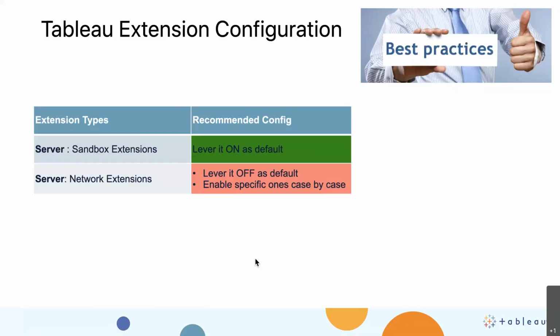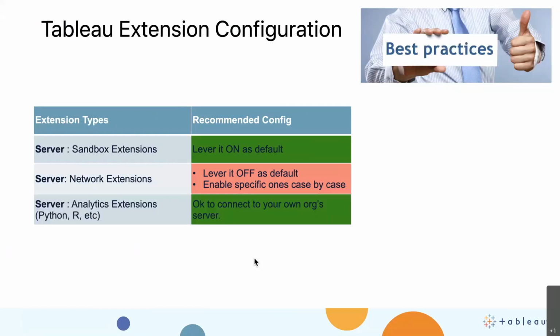Enable specific ones case by case. On the server side, Analytics Extension is definitely okay, perfectly fine to connect to your own organization's Python or R server. Again, this will be getting better and better. With a coming release, Tableau will have one site connecting to multiple Python or R servers at the same time.